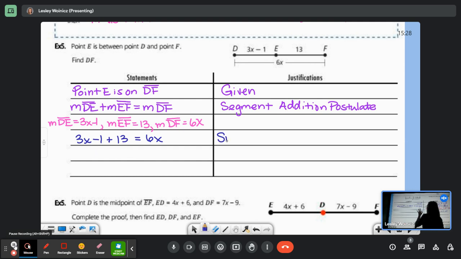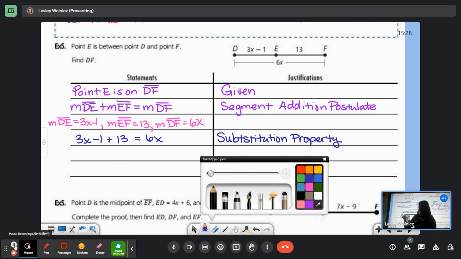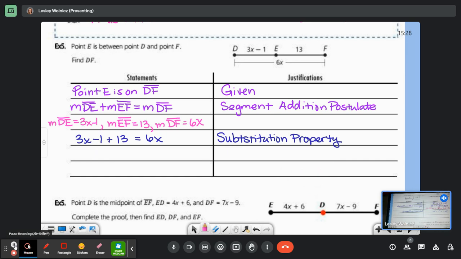So this is our substitution property. Okay. Really quick, how did I know what all of these measures were? Because they gave it to us on the picture, right? So the reason for this is also given.